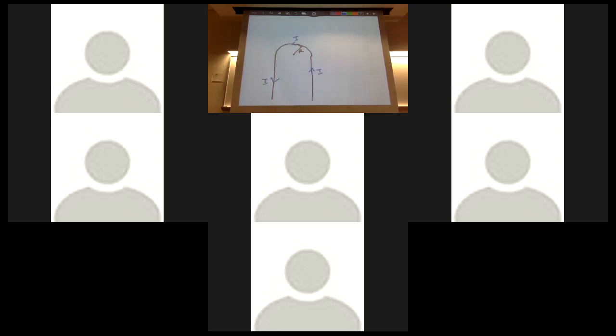Now what I want to know is, at the center point here, let's call that point C, what is the force on the wire? Here we're told that we have an external magnetic field.